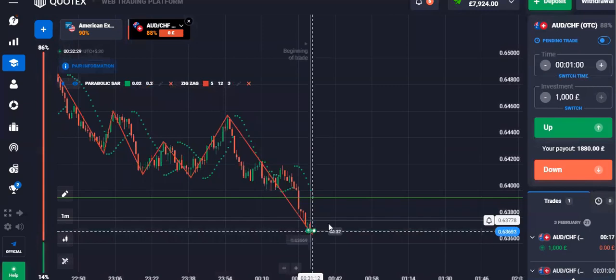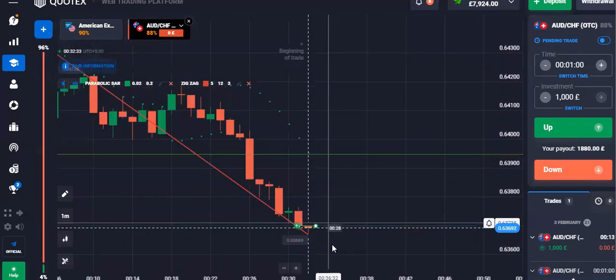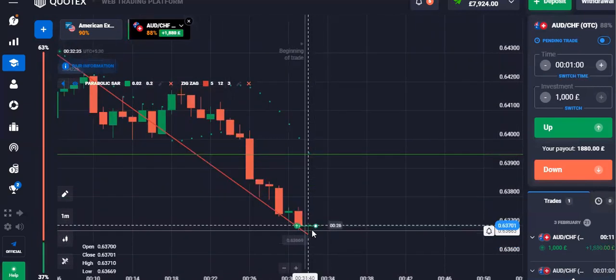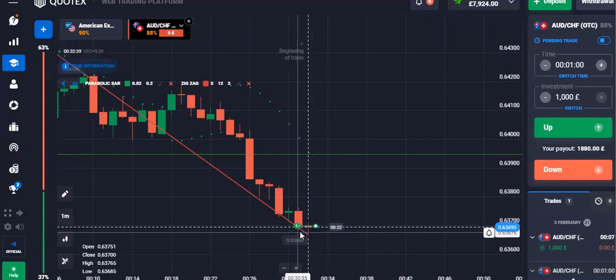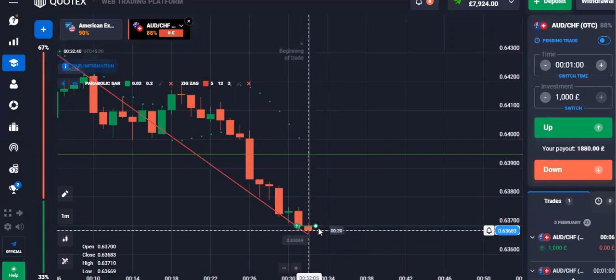And it's showing that it's at the ultimate zone and most probably it will move up. The reason being is too much at the bottom.